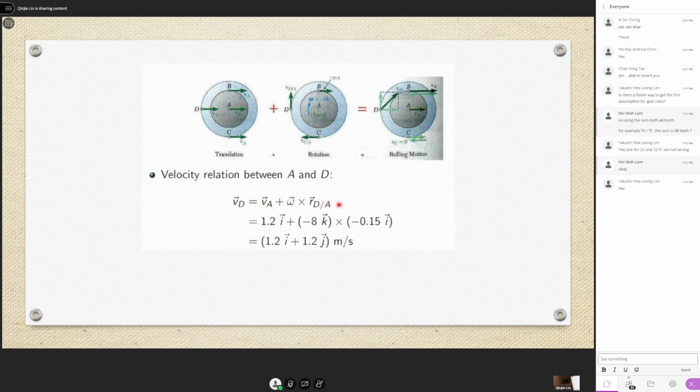The only difference between this one and the previous one is this RDA. You ask yourself, where is D relative to A? D is on the left side of A. That's why it's minus 0.15 i. That is the relative position of D with respect to A.